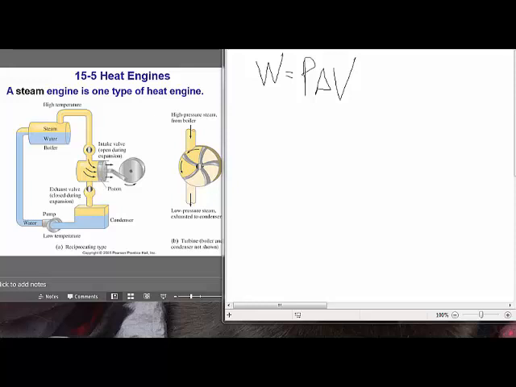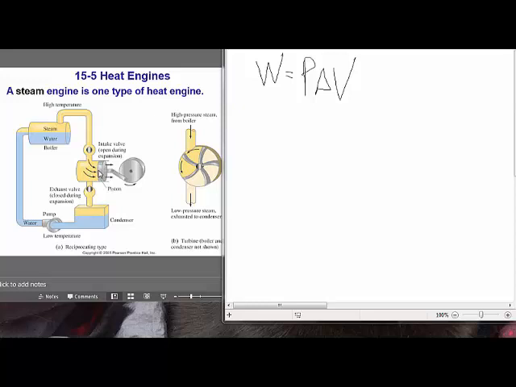Okay. All right, now I'm going to jump ahead and talk about engines. It's important to remember the equation for work when we think about this. In fact, every time this piston goes to the right, we can think of the engine as doing positive work to move the train or whatever. Every time the piston goes back, we can think of it as doing negative work.